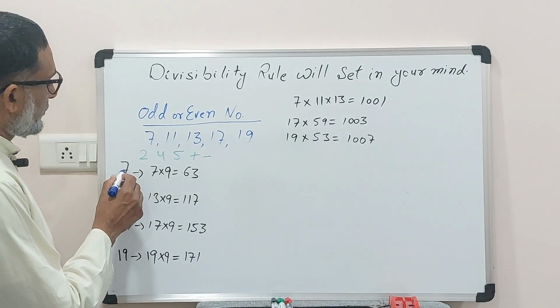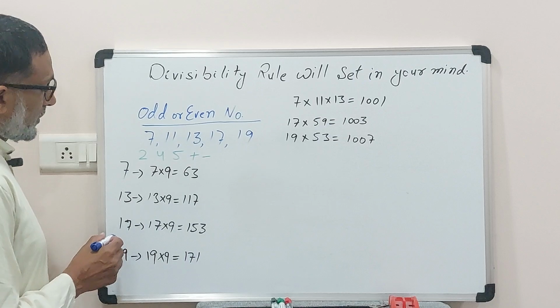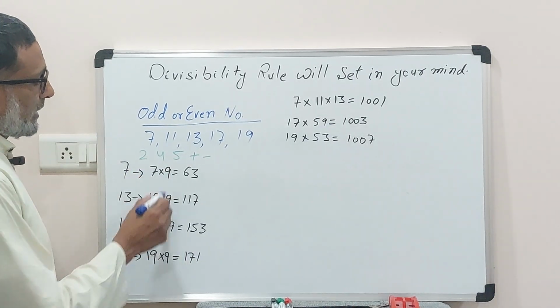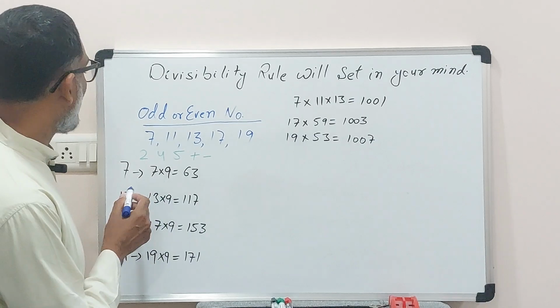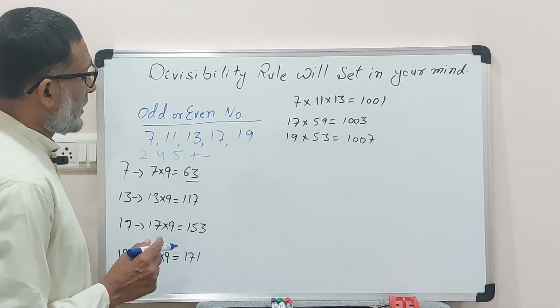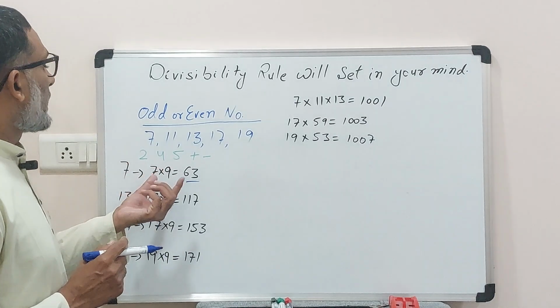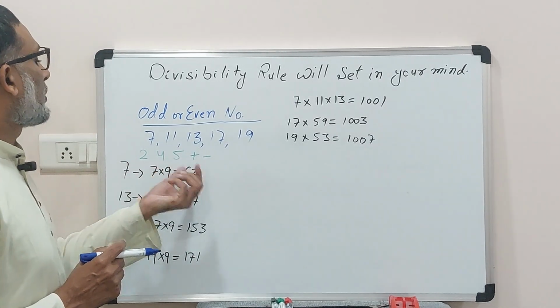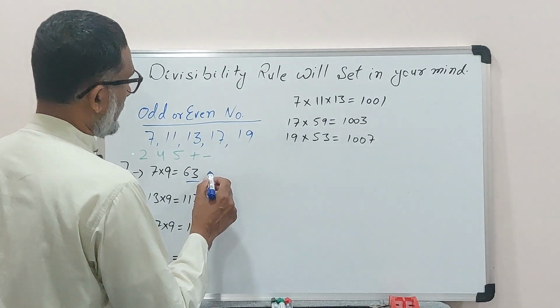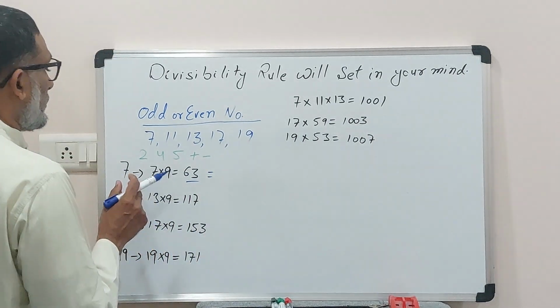For example, for 7, you just check by multiplying by 9. You already know 7 times 9 is 63. Then what we apply so that it becomes either a multiple of 7 or 0.